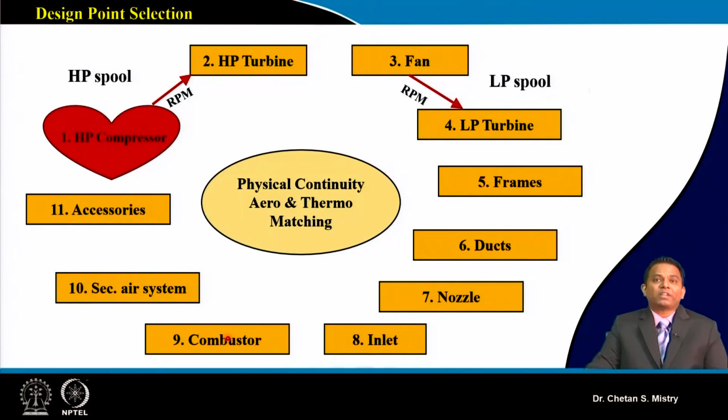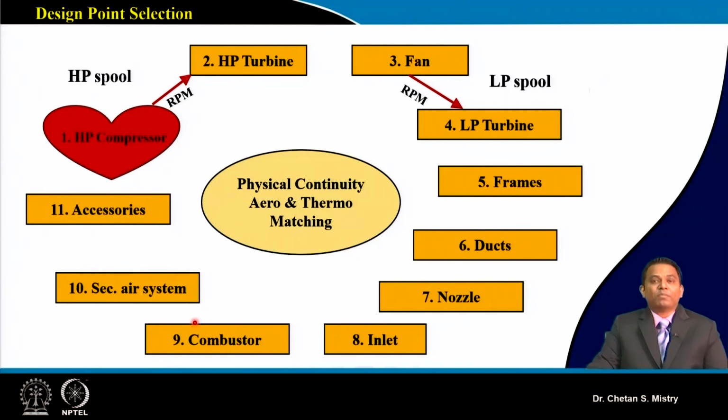Now for the combustor, the dimensions at the entry and exit have already been decided by our HP compressor and HP turbine design. How we accommodate that in terms of inclination or numbers comes into the picture.